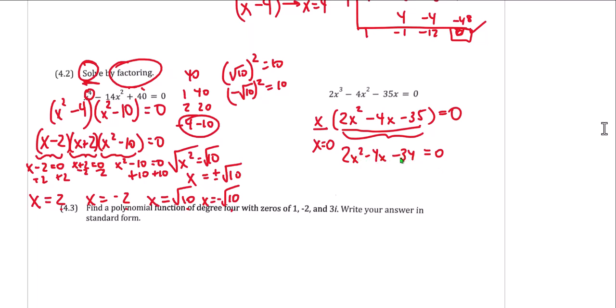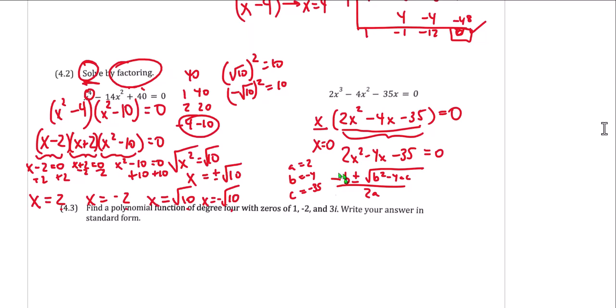And the way that we would solve an unfactorable trinomial quadratic like this is we'd have to use the quadratic formula, negative b plus or minus the square root of b squared minus 4ac all over 2a. I'm going to write my a value, my b value, and my c value. Sorry, that should have been a 35. Didn't mean to confuse anyone there. Minus 35.